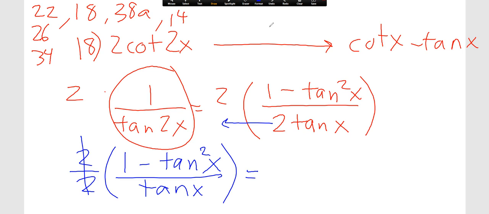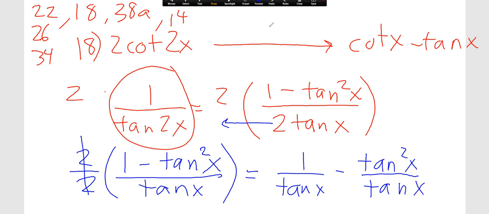Can you split what's in the parentheses into 2 fractions with the same denominator? What would they be? 1 over tan x minus tan squared x over tan x. Really? Nicely done. Well said.